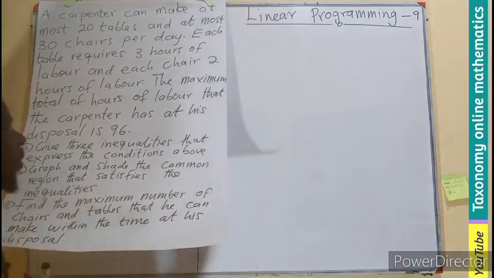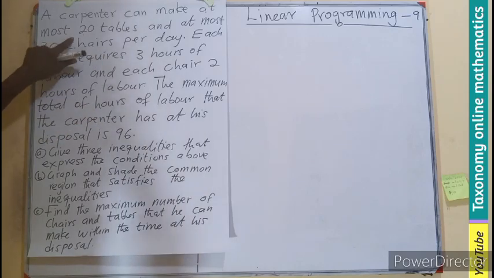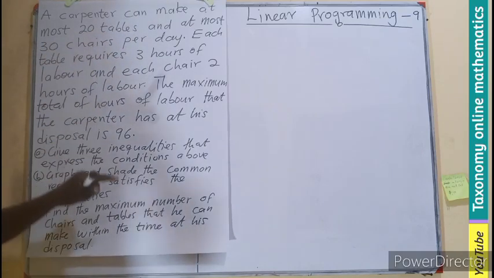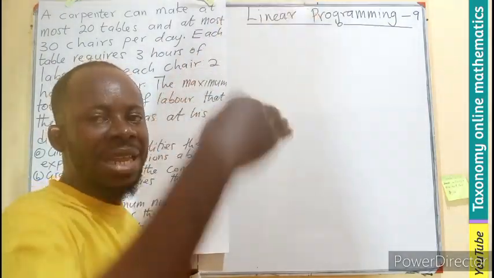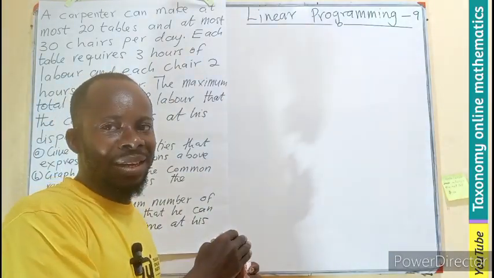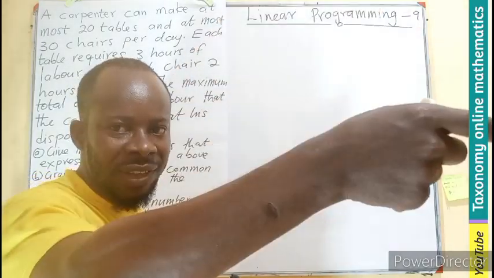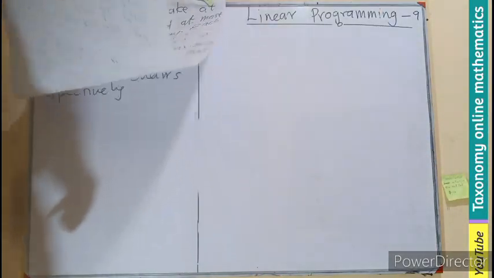But from the question, if you check, we can make at most 30 of the chairs, at most, meaning that the highest it can make will be 30, which means it can make up to 30 or less than 30. Simply put, it can make less than or equal to 30. So in this case, we can write the inequality.